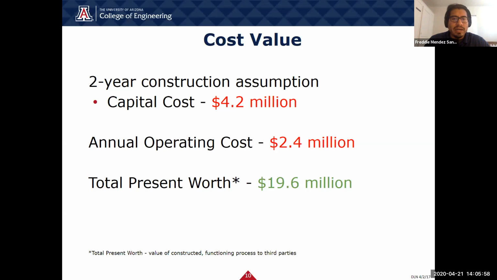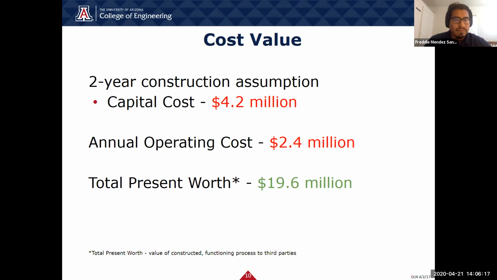The annual operating cost would be broken down into the cost of how much of the chemical was used on an annual basis, as well as the operational cost of how much we would be paying the workers, as well as the maintenance.